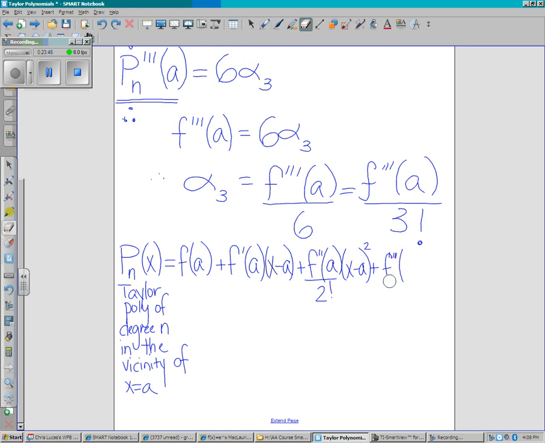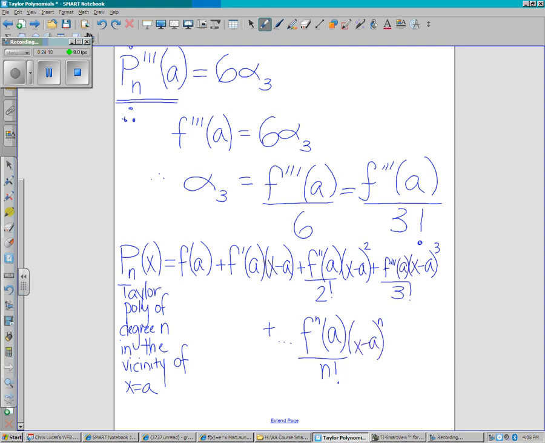Make sure that's clear. The third derivative of f at a times x minus a to the third over 3 factorial, plus the nth derivative of f at a over n factorial times x minus a to the nth.